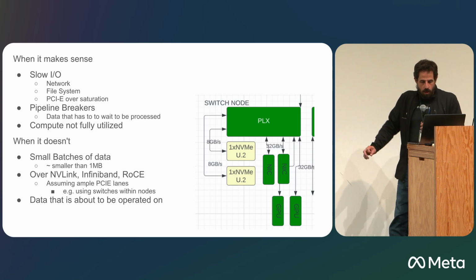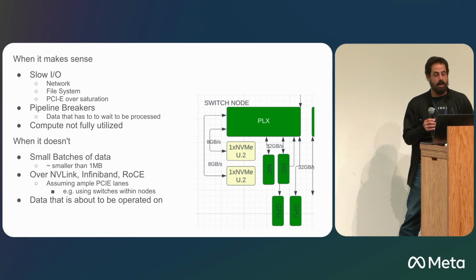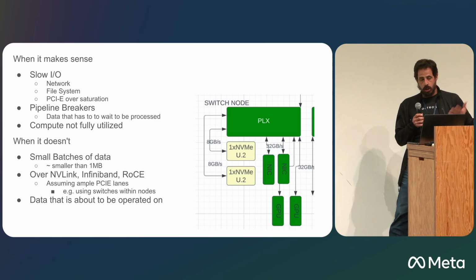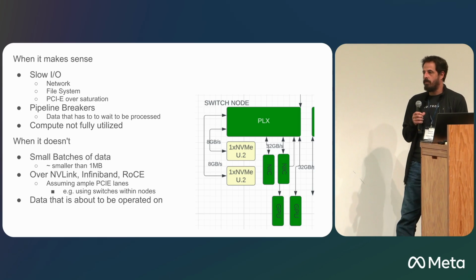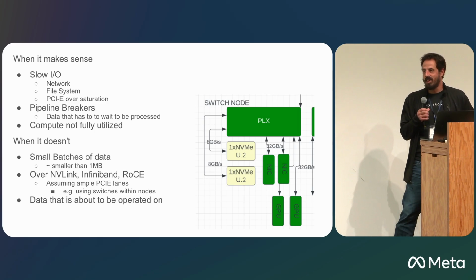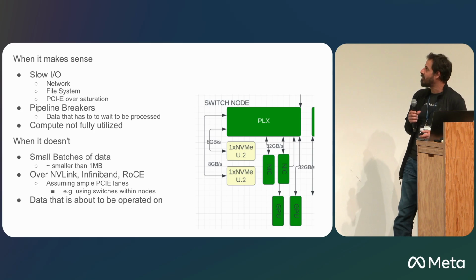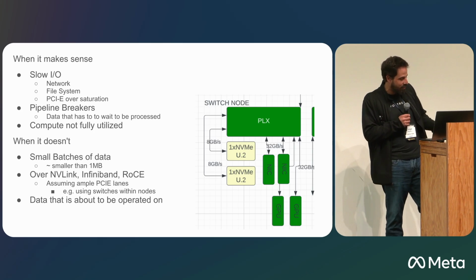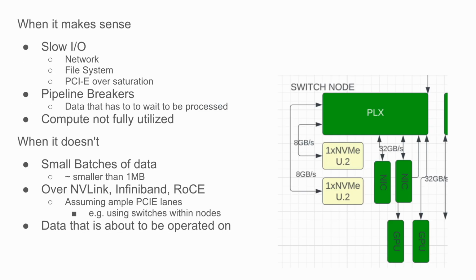So I want to talk about when does this stuff happen, right? So when we have slow I/O, this could be because we have slow network. You often find this, if anyone's been running large workloads on the cloud, you might not think that it always has the fastest network interface cards possible.